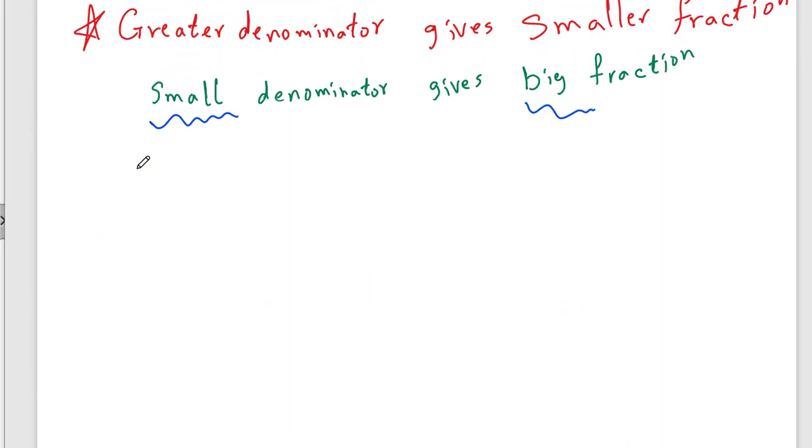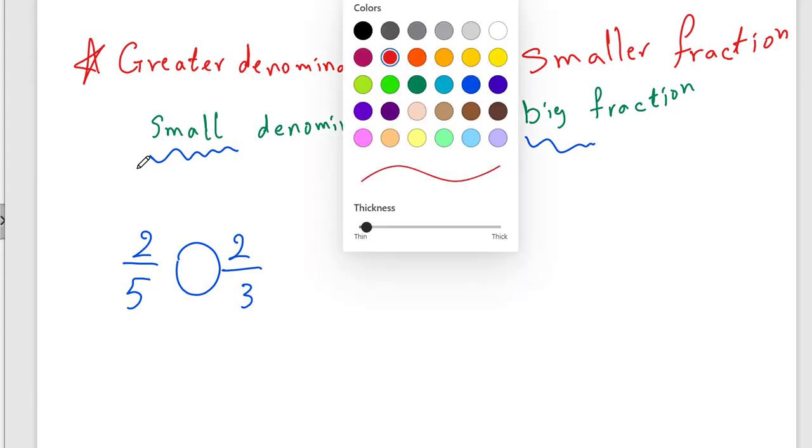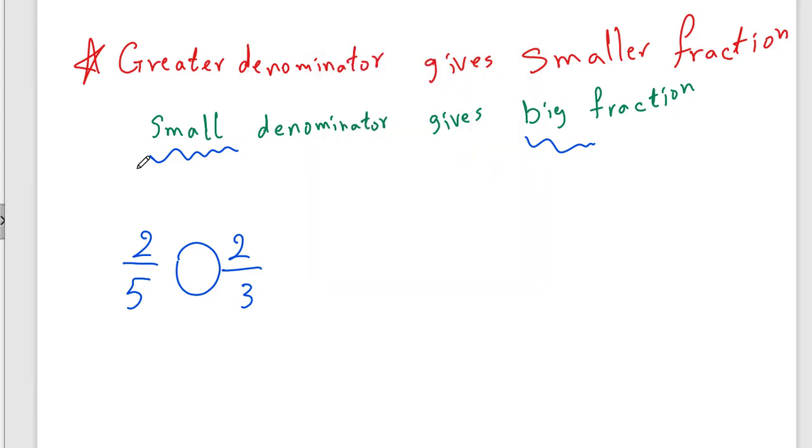So let's try this without drawing. Okay, 2/5 and 2/3. For this one, my heroes, as you see here, the big denominator is 5. This is big, and the 3 here is small.